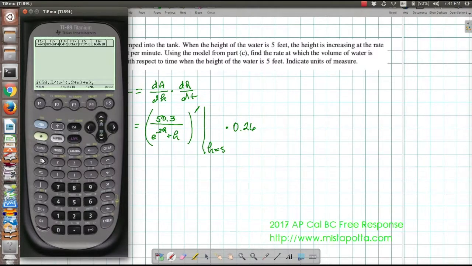And I want to take this with respect to x. I'm going to close parentheses at x equals 5. And then whatever I get from that calculation, I'm going to want to multiply by 0.26.